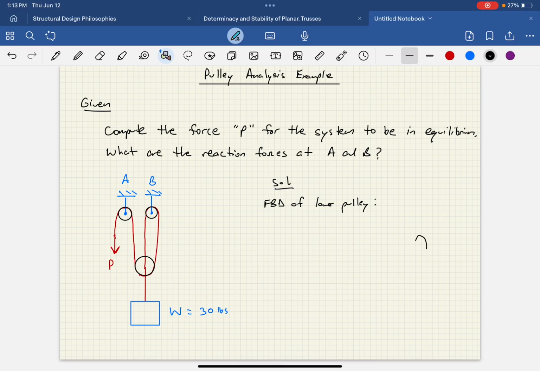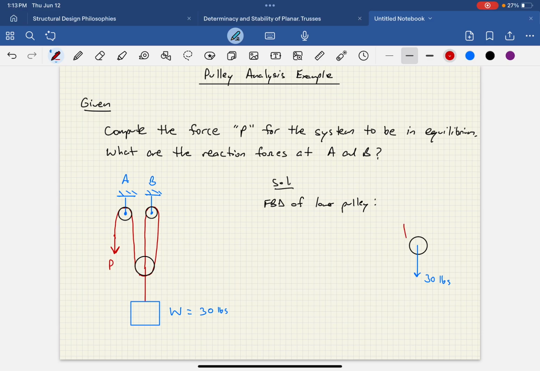So here's that lower pulley, and here is the weight of 30 pounds. And then what about the rope itself, or the cable? It could be a rope or a cable.